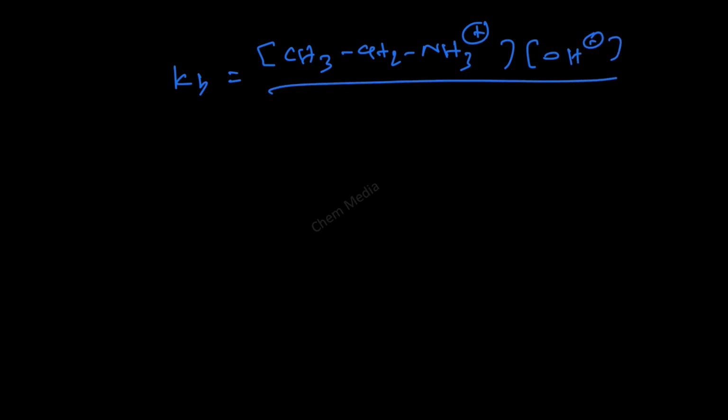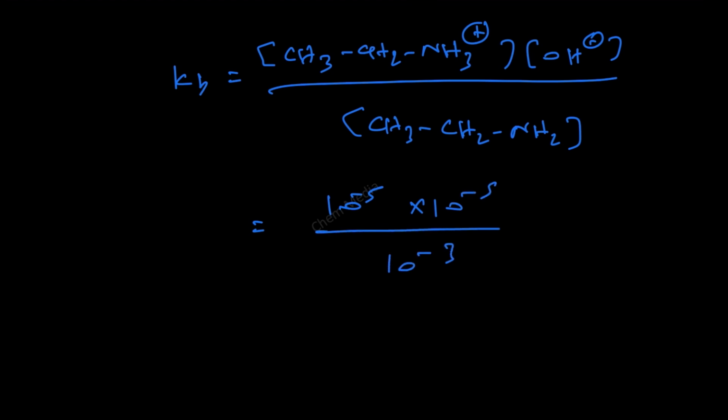Therefore Kb is equal to the concentration of ethyl ammonium ion times the concentration of OH minus divided by the concentration of ethylamine. Water is in excess, and therefore we don't enter that in the equation. So this is equal to 10 to the power minus 5 times 10 to the power minus 5 divided by 10 to the power minus 3.